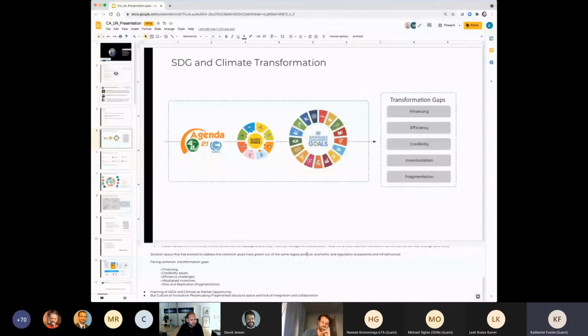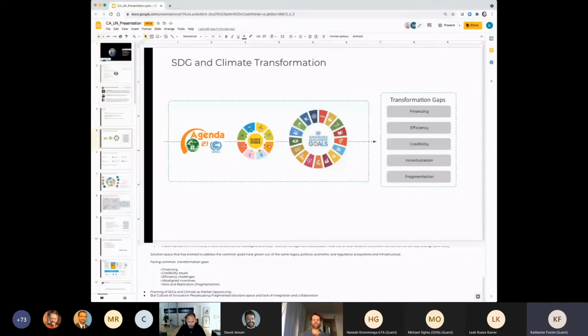We also have some credibility issues with replication, duplication, even issues in cases of delivery, of impact, measuring impact, and also the incentivization in this space. The focus on financing and procurement and how it's evolved and continues to play out. And what we find is that we actually have a very fragmented solution space. It's about silos and replication.